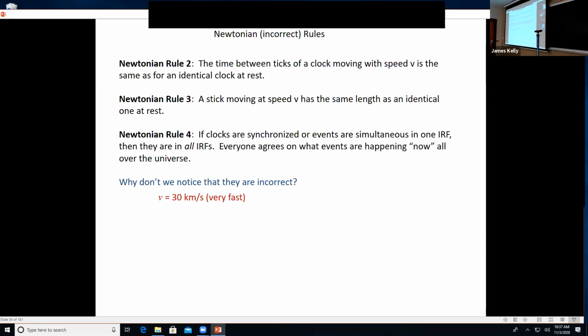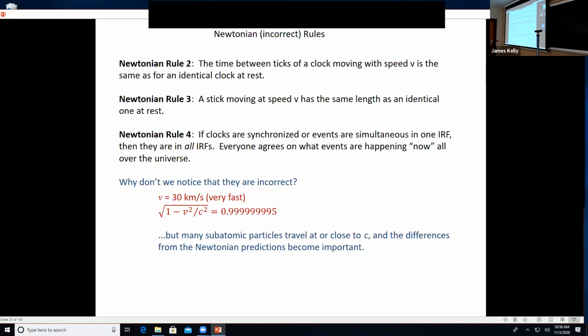And Mermin has a nice discussion of why we don't notice that these are incorrect. I think he talks about measuring the length of a plane that's going absurdly fast or something like that. If we imagine an object going absurdly fast, 30 kilometers per second, I mean, 1 second traveling 30 kilometers, that is faster than anything we're close to having technology for doing.